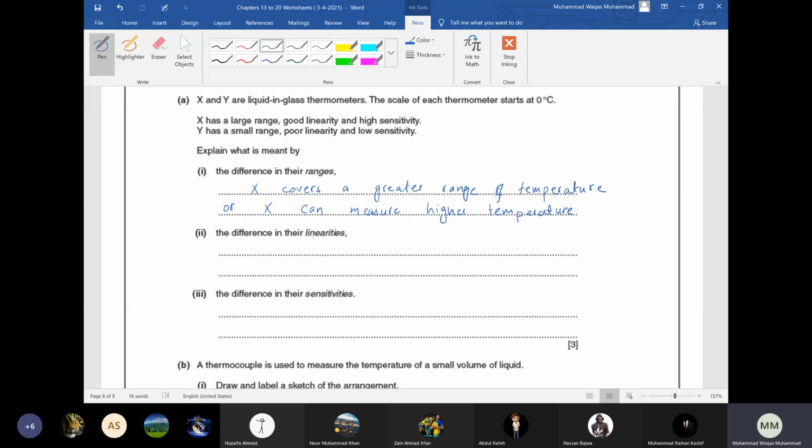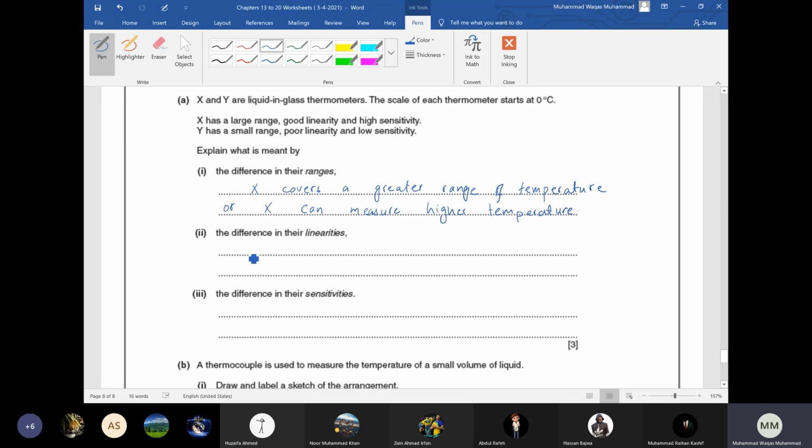So the question says X has good linearity and Y has poor linearity. So the difference in their linearity means that the liquid in X expands uniformly with temperature. Or you can say the liquid in X expands by the same amount for each degree rise in temperature.